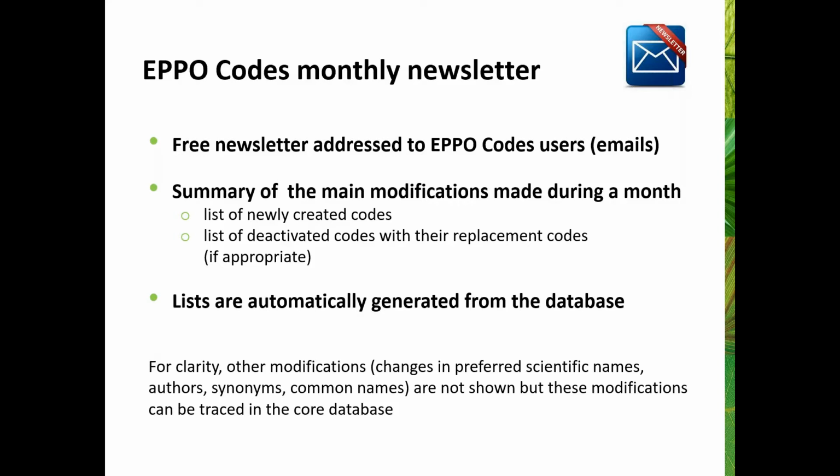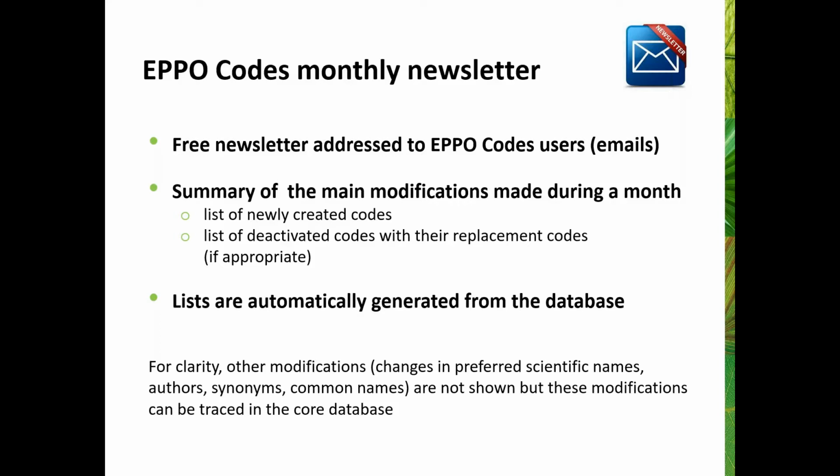And to keep it short, and for clarity, all the modifications we make in terms of changes in preferred scientific names, or when we add authors to scientific names, or new synonyms or common names, those are not shown.